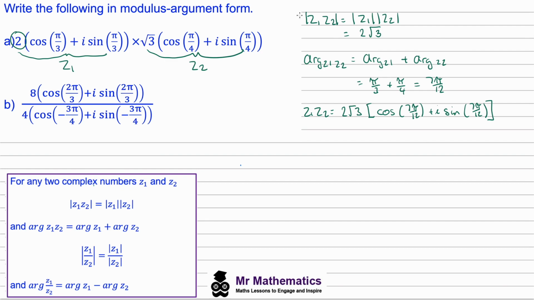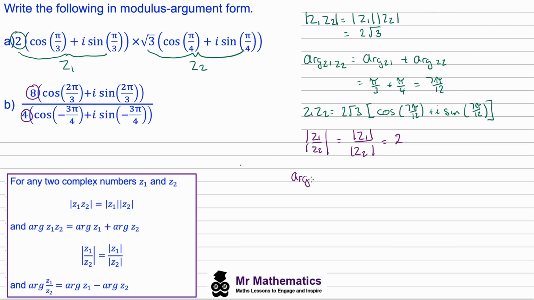Okay, so for part B, if we look at this division, we want to work out the modulus of z1 divided by z2. This will be the modulus of z1 divided by the modulus of z2. Well, this will be the 8 divided by the 4. So this will be 2.